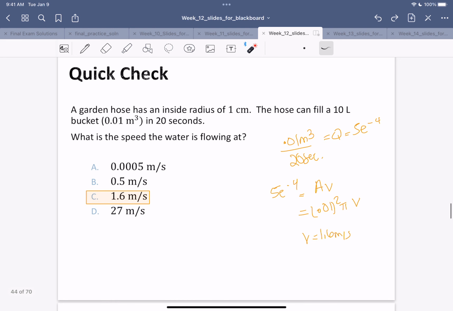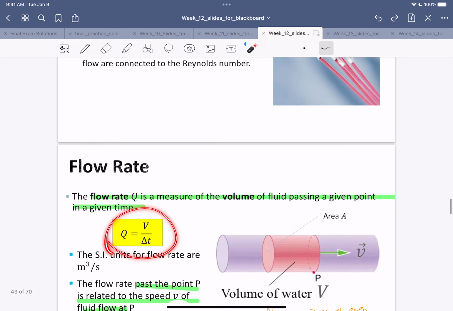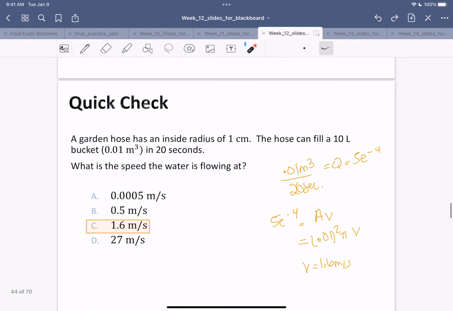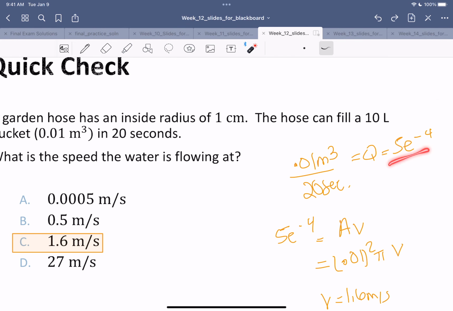This is a simple example of how to figure out flow rate. If you have a garden hose with an inside radius of 1 centimeter, and the hose can fill a 10-liter bucket in 20 seconds, there's our time, 20 seconds. Here's the volume. If we divide the volume by the time, because remember, flow rate is volume divided by time, we get a flow rate of 5 times 10 to the negative 4th.